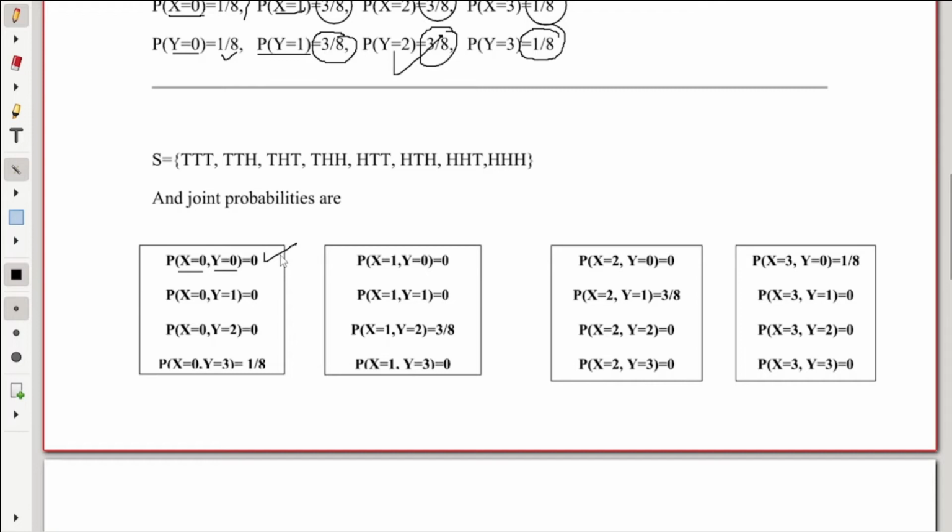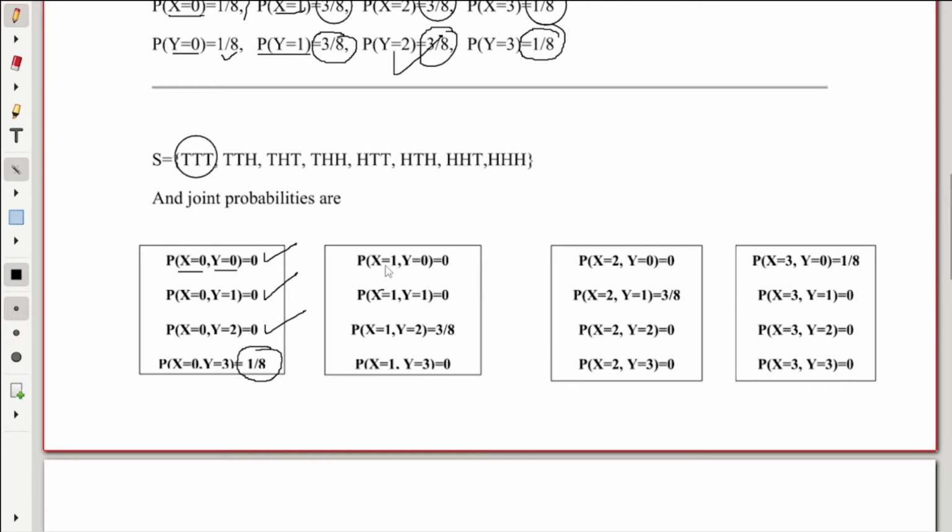So this is not possible, so I have written probability 0. Second one is also not possible. Third one is also not possible. Fourth one is possible. It is telling that X is 0, that is 0 head and 3 tails. So that is a favorable case.